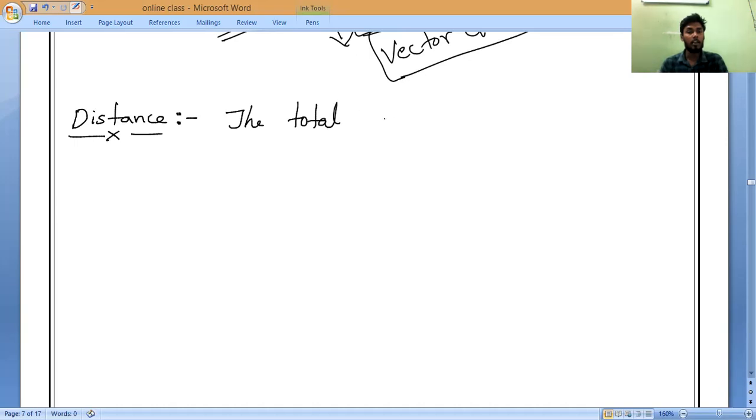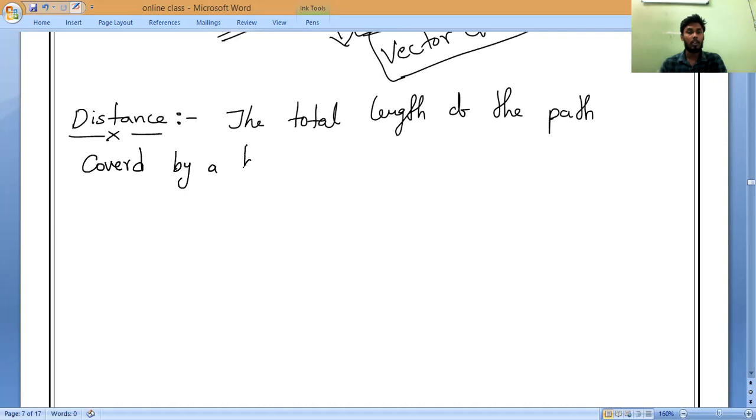The total length of the path. The total length of the path covered by a body is called distance.